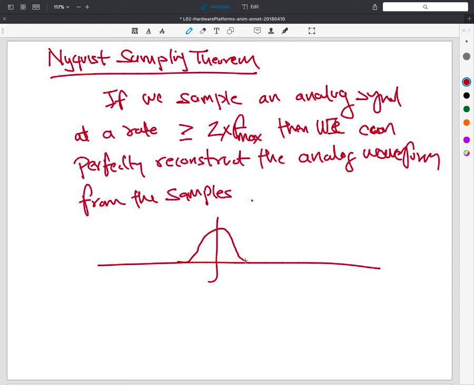If I look at a spectrum of it, then this is supposedly my f max. When I sample it, if this is my sampling frequency, and if I look at the signal after sampling, it's as if the spectra is repeated again and again.